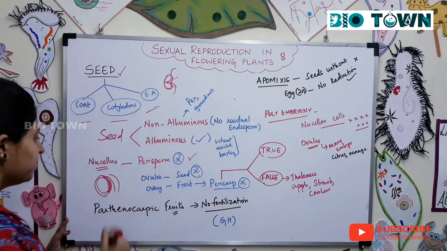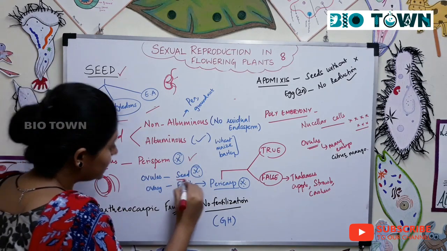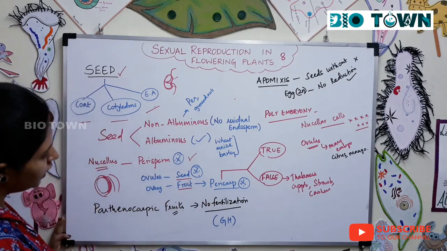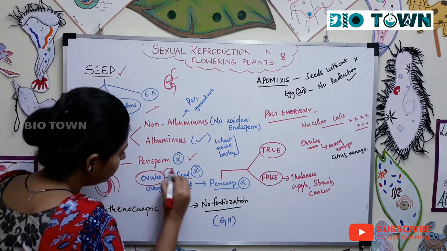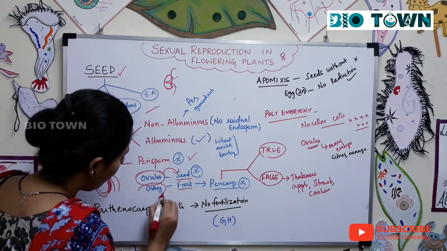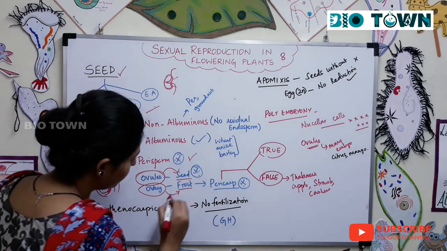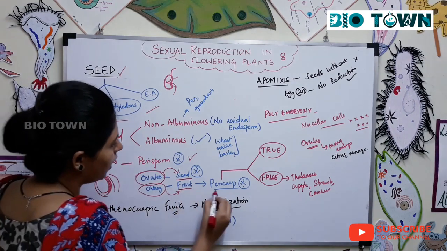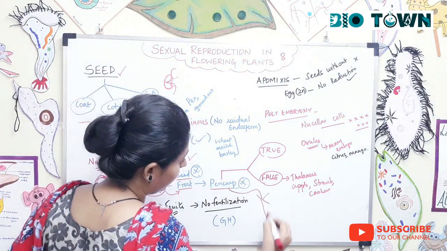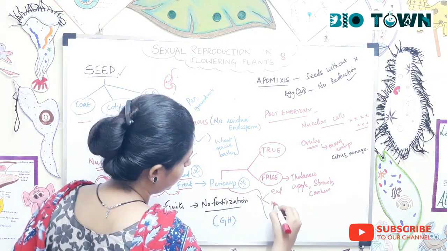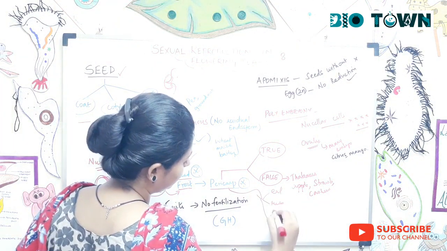Next is how a seed and a fruit are formed. The ovules form the seed and the ovary forms the fruit, and this fruit wall is called the pericarp. Again, this pericarp can be divided into endocarp, mesocarp and exocarp.